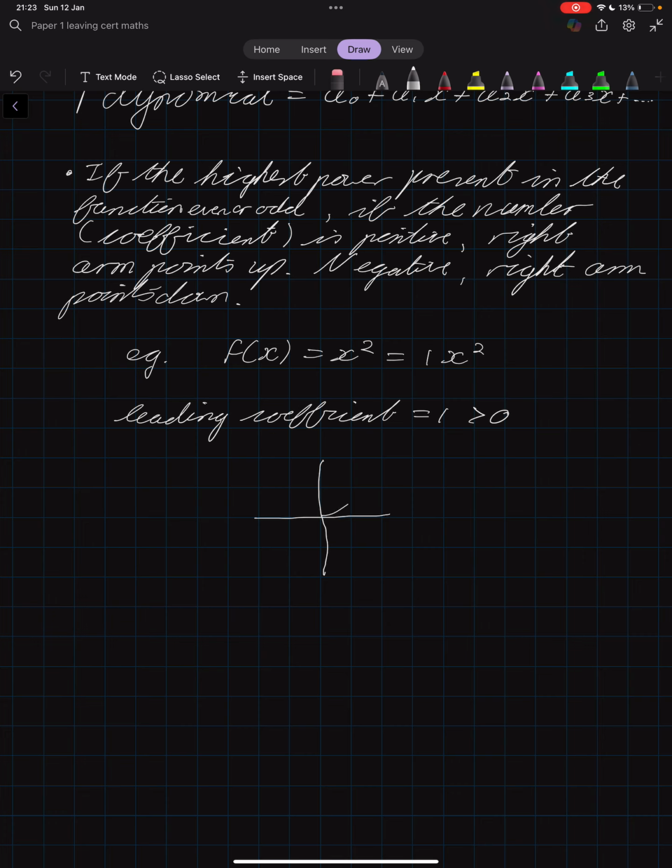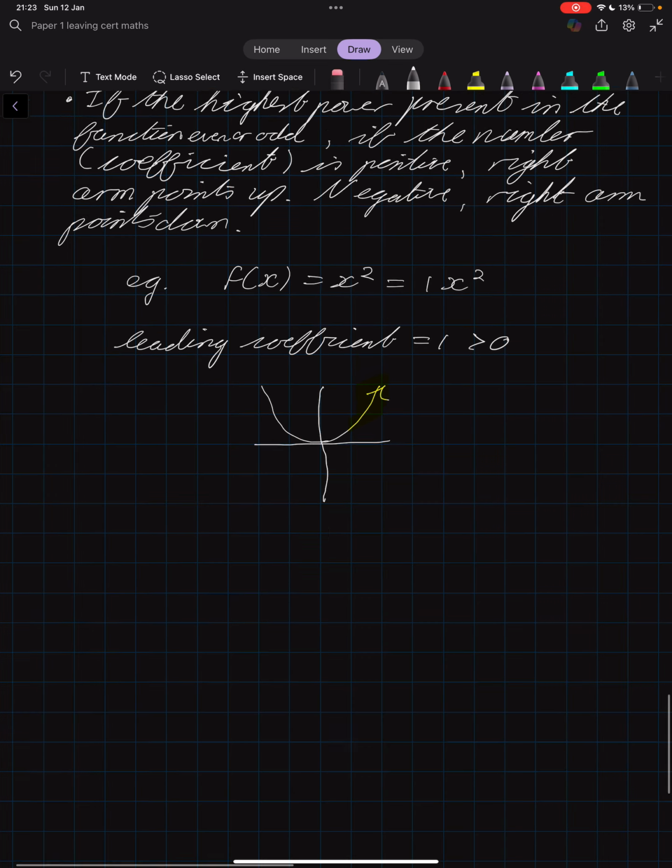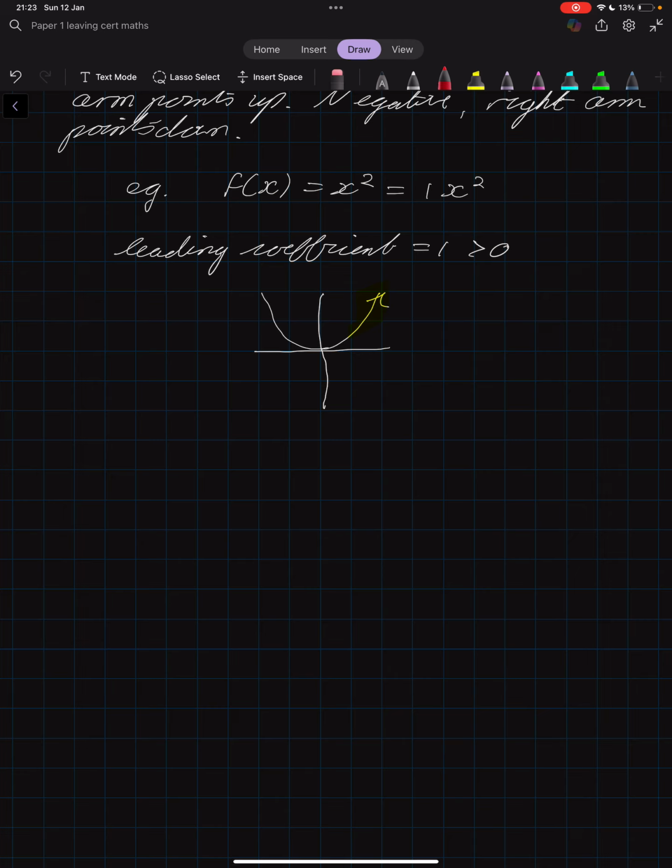And this is the really, really important part, that your right arm points up when you're drawing it. Okay? Another thing is that quadratics always have a singular maximum or minimum. So they only have one turning point. Okay?